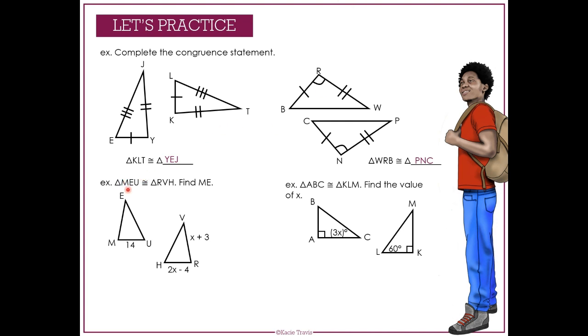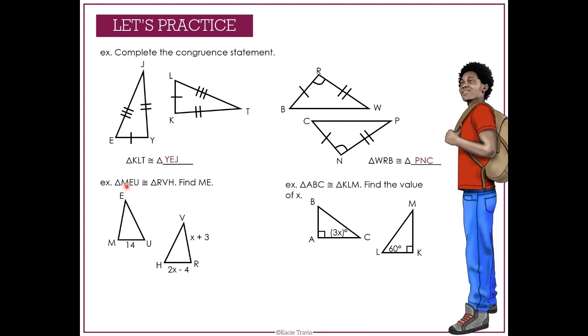On our next pair of examples, we have triangle MEU is congruent to RVH. Now, they want us to use this in order to find angle ME. Not angle, sorry, side ME. Now, ME is right here.